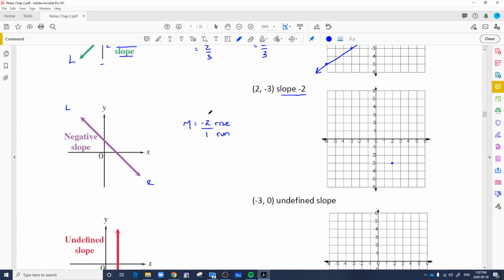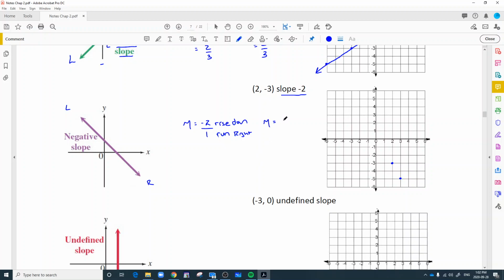So this is an example of a negative slope. You could go a rise of negative 2, which would be down, and then a positive run, which would be right. So I'm going to go from this point, I'm going to go down 2, right 1. Can I go another down 2, right 1? Nope, so that's good. But let's say I wanted 3 points for this line. How else could I do a negative slope?